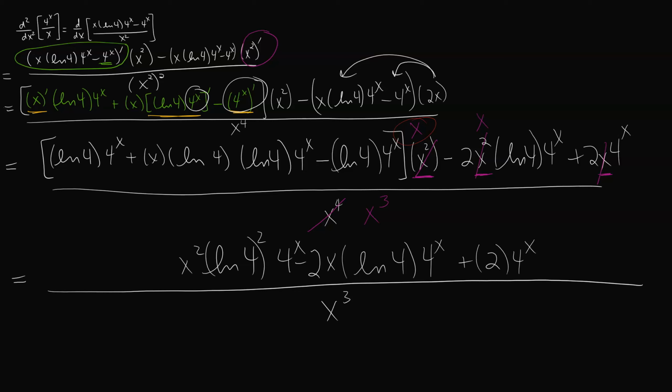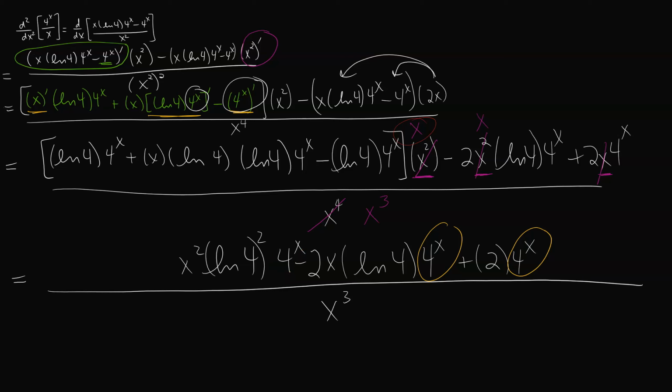Now, if we wanted to, we could factor out a power of 4 to the x from each expression, but we don't have to. That is not going to be a major simplification. That's just, we could write it another way. And in the future, it will often help us to write things as products so that we can then continue working with them, but it's not required.